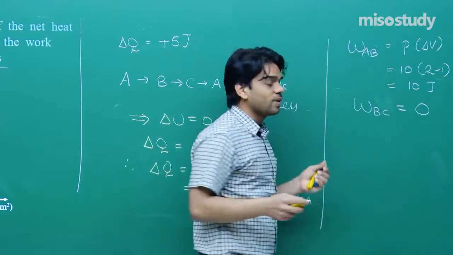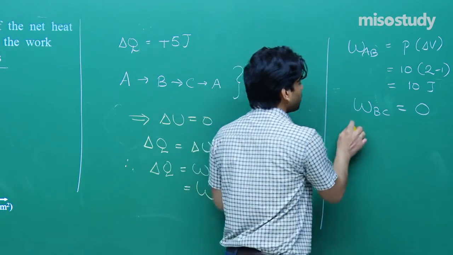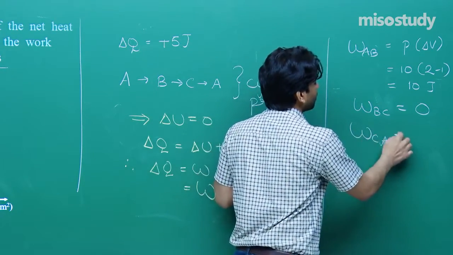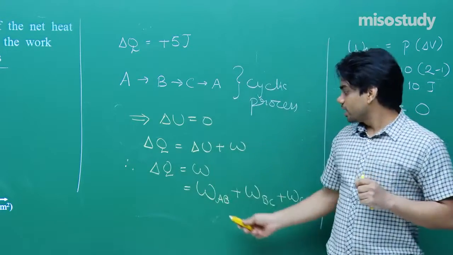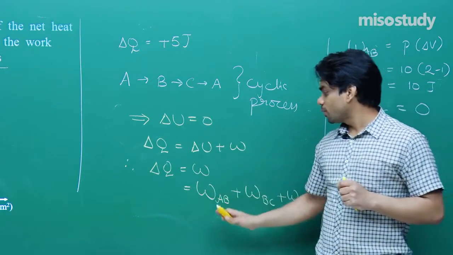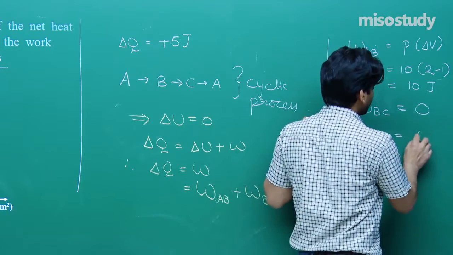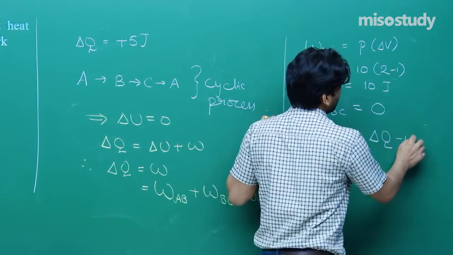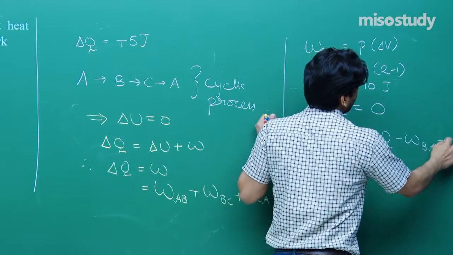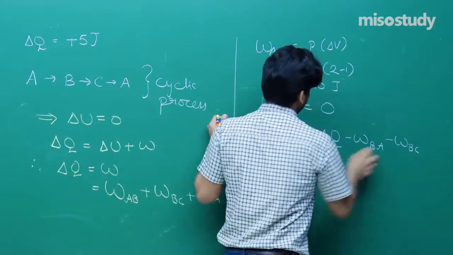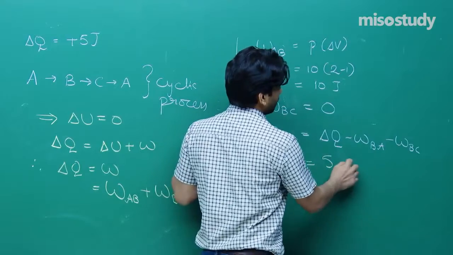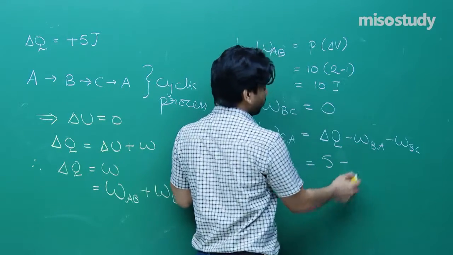We need to find the value for C to A. From the first equation, work done during C to A will come out to be delta Q minus W_AB minus W_BC. Delta Q is given as 5, so this is 5 minus work done.